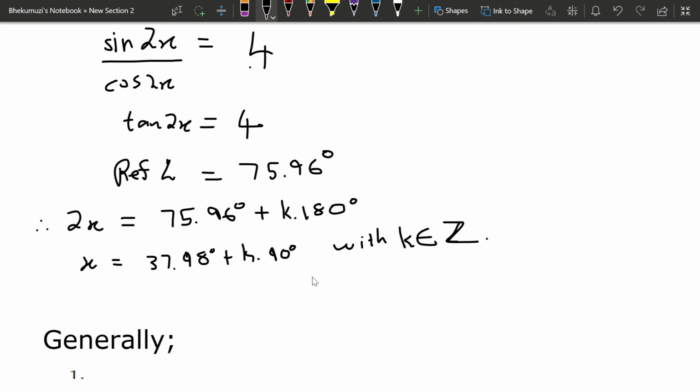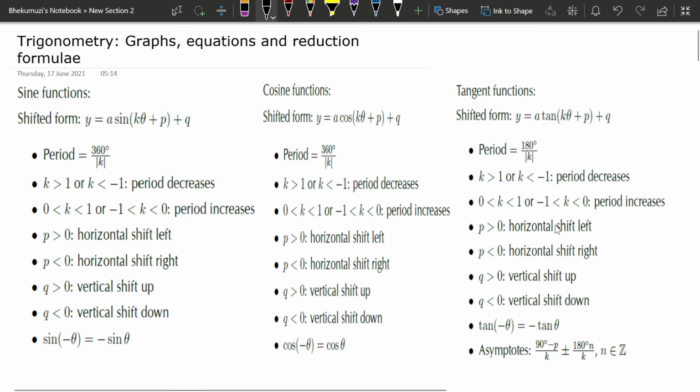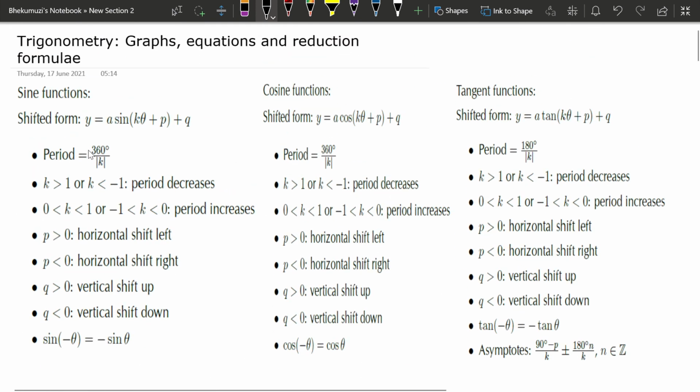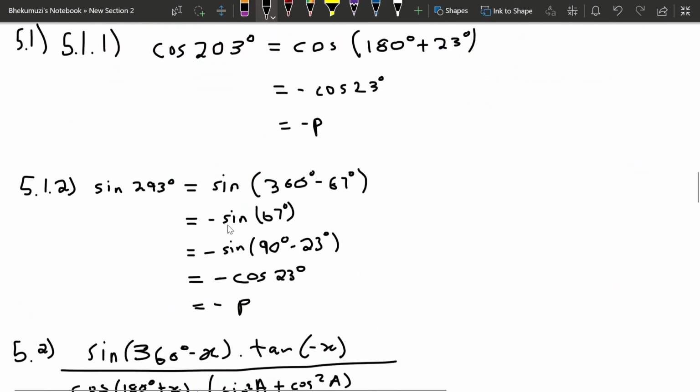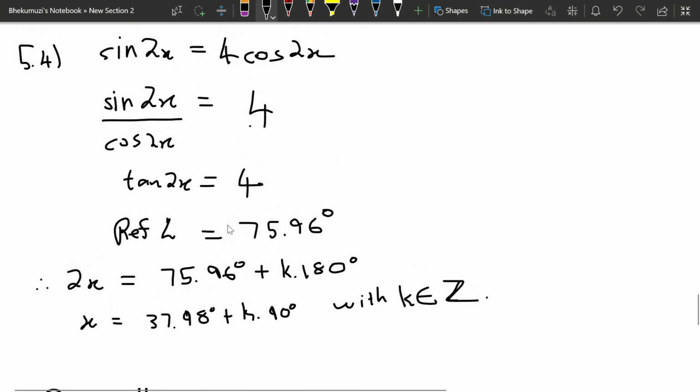When looking at the general solution, we are looking at the periods. The period here is 180k, whereas for cos and sine it will be k times 360. The k represents the period in which this number is, and that's why k is an element of the integers.